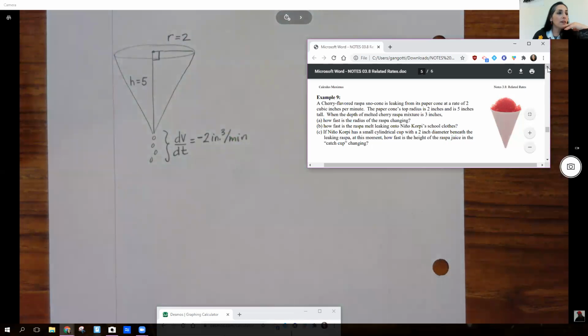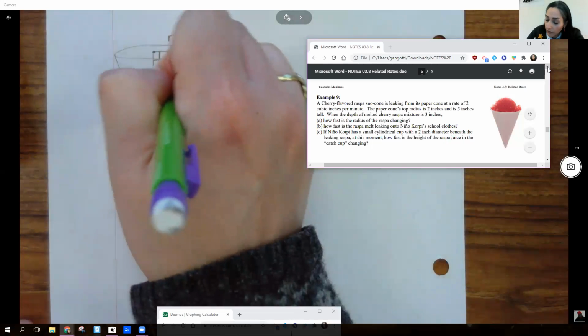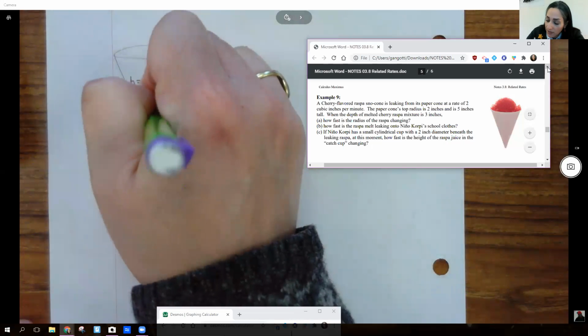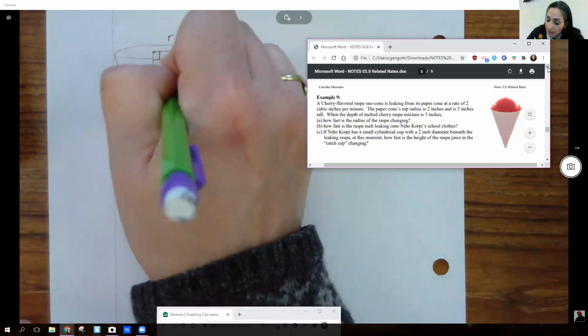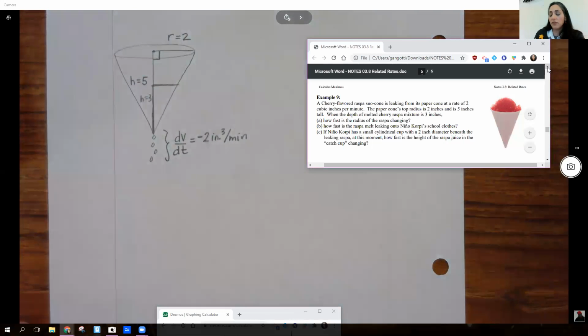When the depth of the mixture is 3 inches, so like when we get to about here, depth is another way of just saying height. When the depth of the leaking snow cone stuff is 3 inches, we want to know how fast the radius is changing.